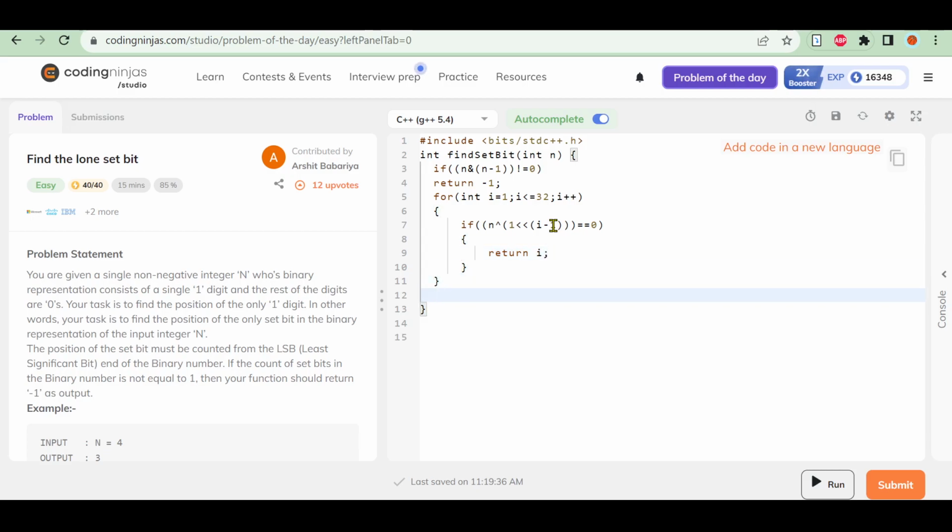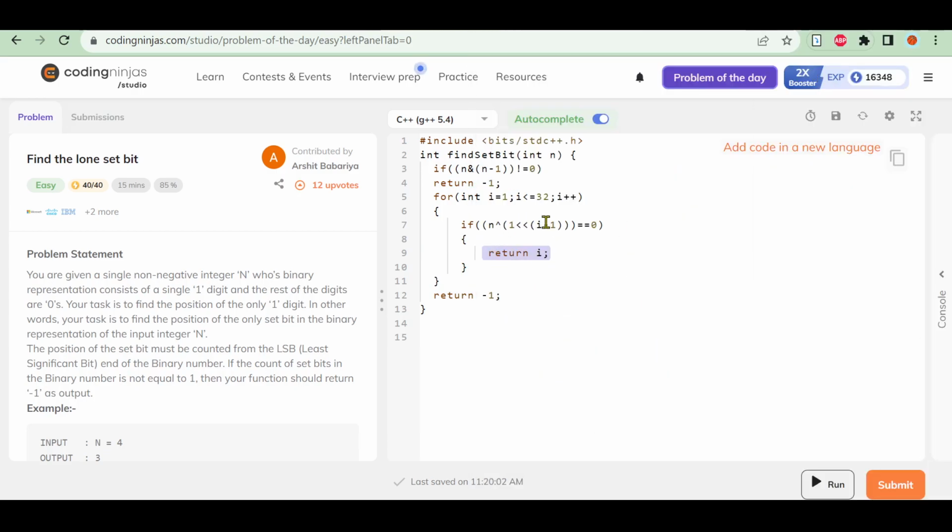Here I also have to return something, as this function returns an integer, so I will return minus 1, and this will never be reached because we will find our set bit before that.